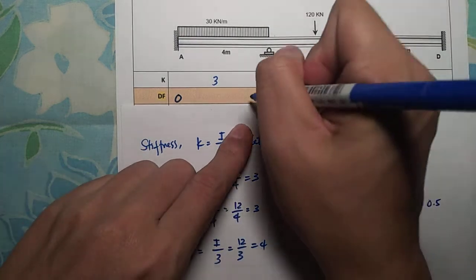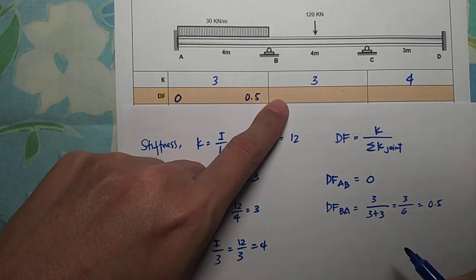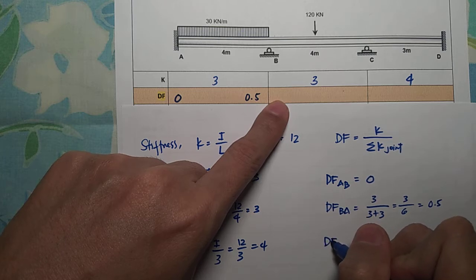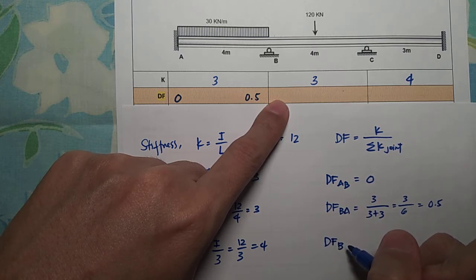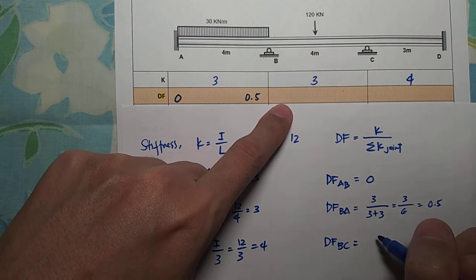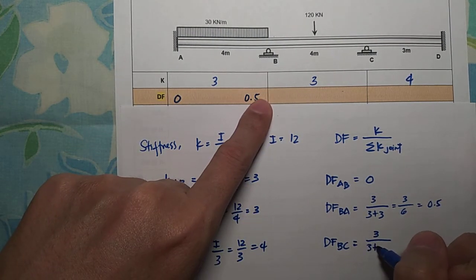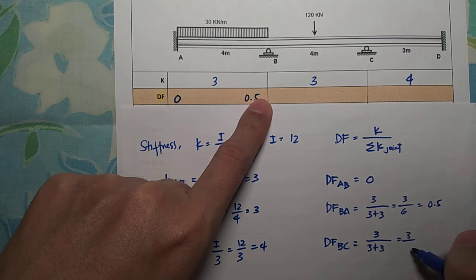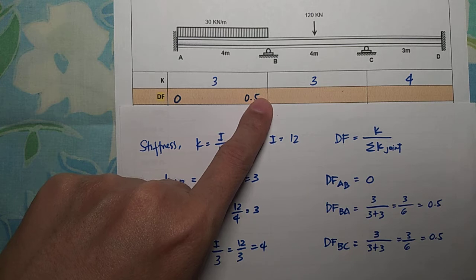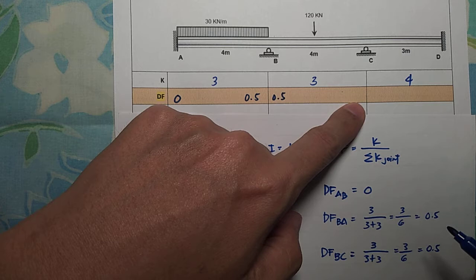Next, what's the DF on member BC at this point? That is the stiffness on this member, 3, divided by the summation of the stiffnesses, 3 plus 3. That would be 3 over 6, also 0.5.